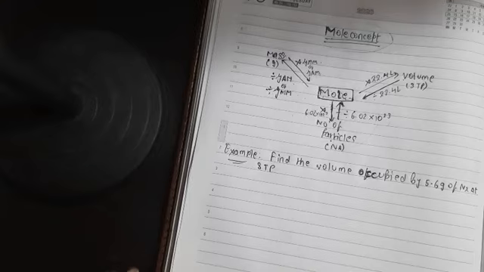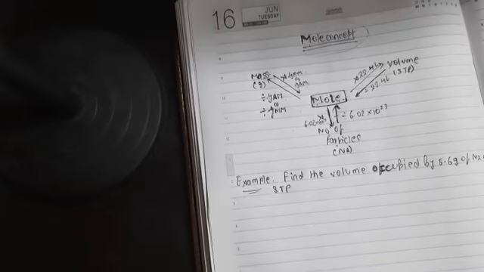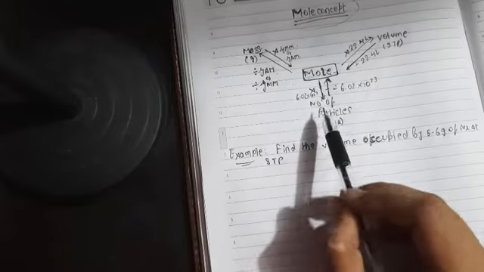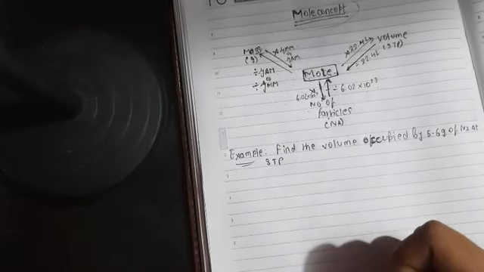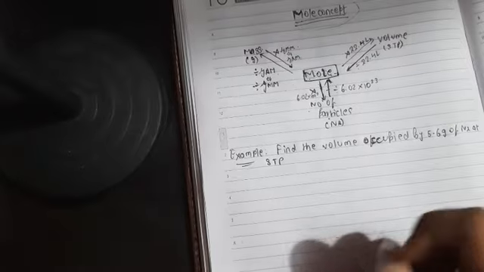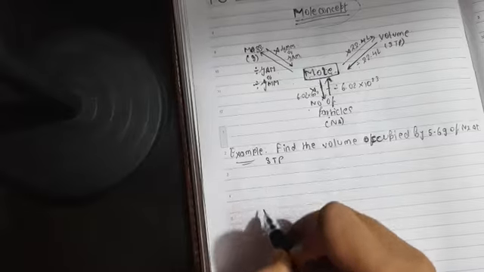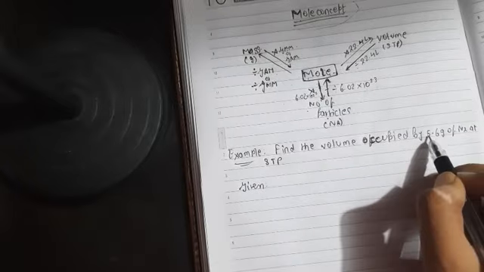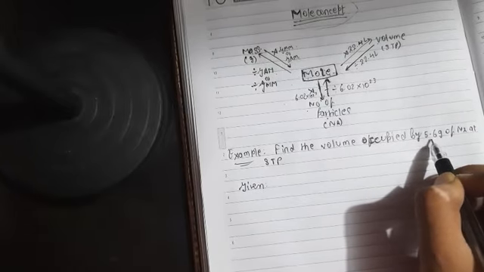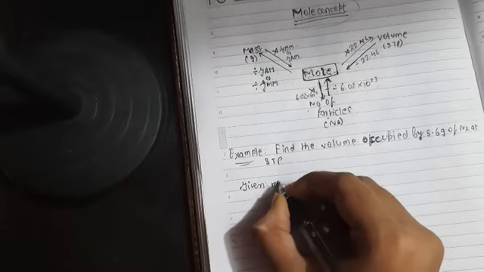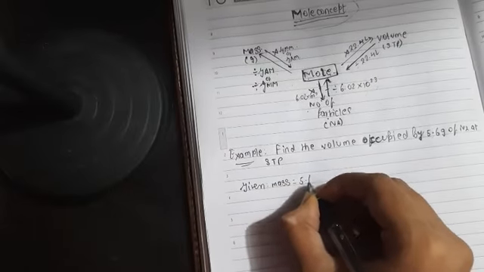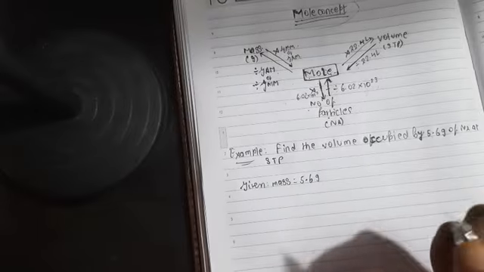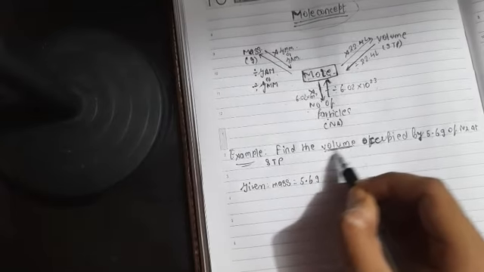Okay, so this is our question, so you can look at it, and you can also solve alongside me to get a clear view of how to use this chart in order to get the answer. So the things which are given to us in the question, write them down first. What is given to us? First thing given to us, as you can see clearly, is mass. Mass is given to us, which is 5.6 grams, and we need to find the volume.